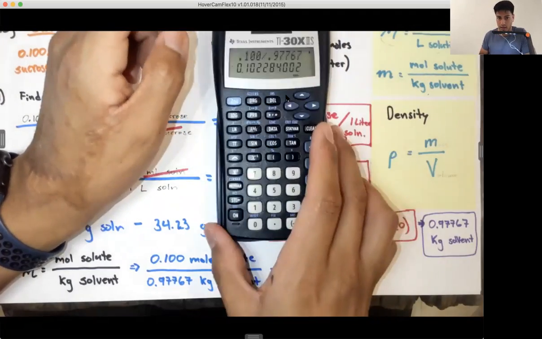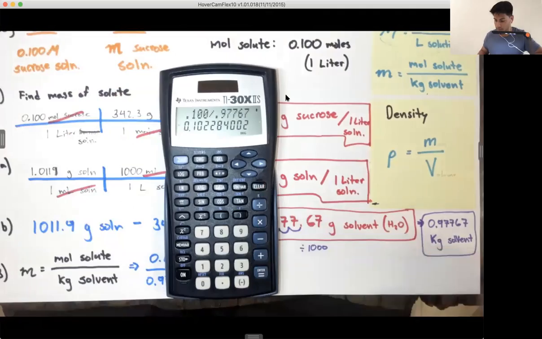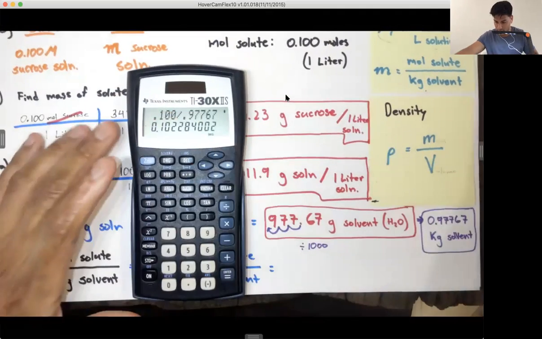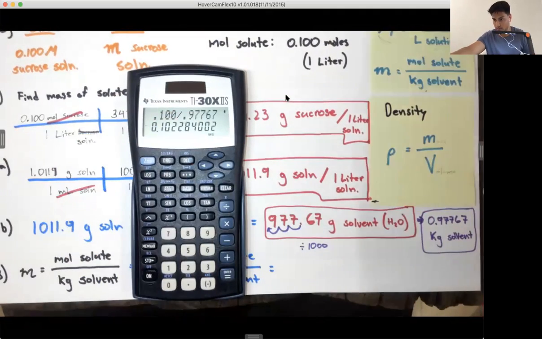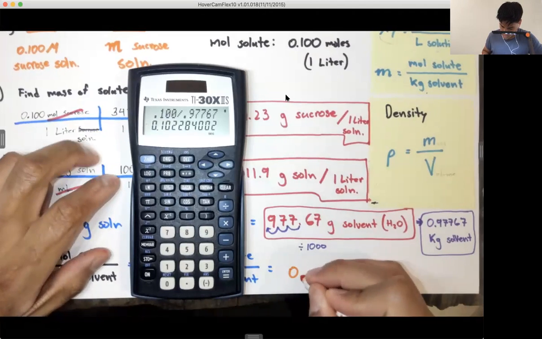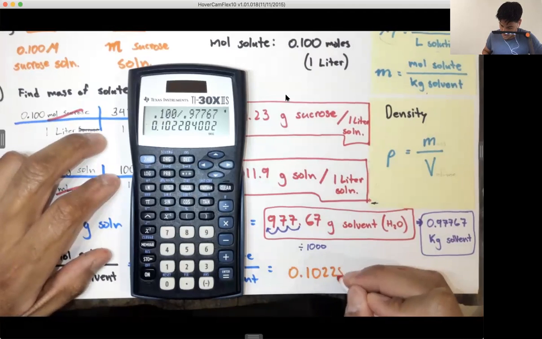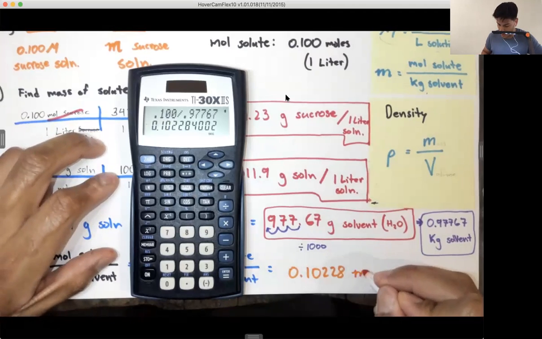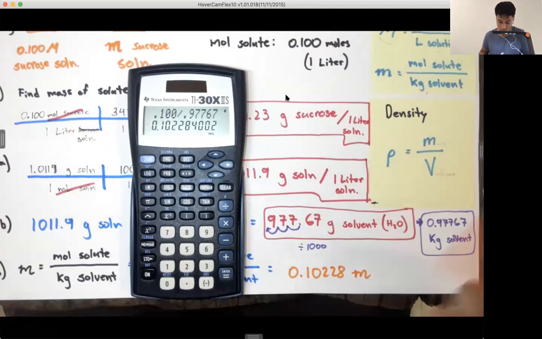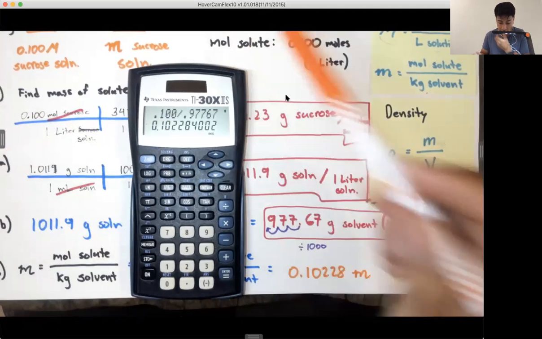And here's what I get. My final answer, and I'll write it in a different color, is 0.10228 molality of this sucrose solution.